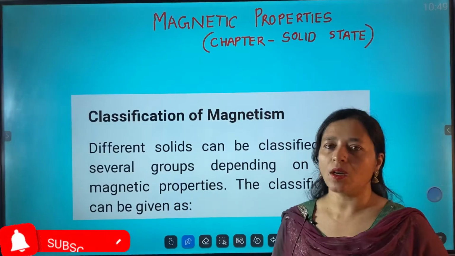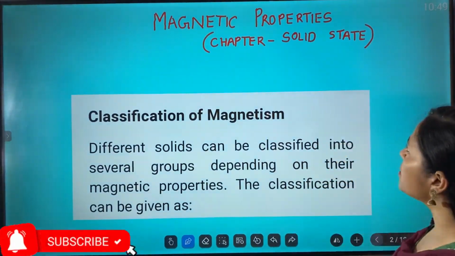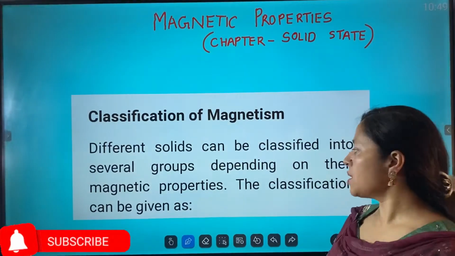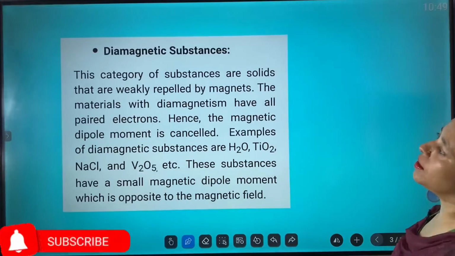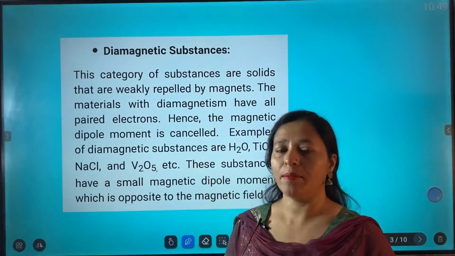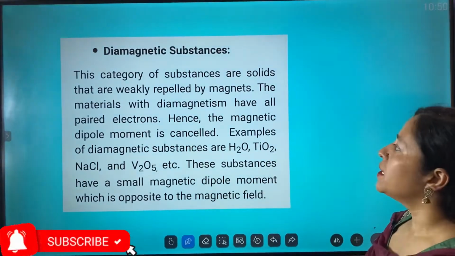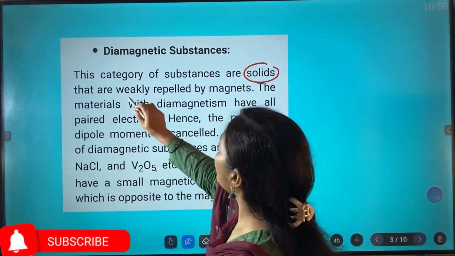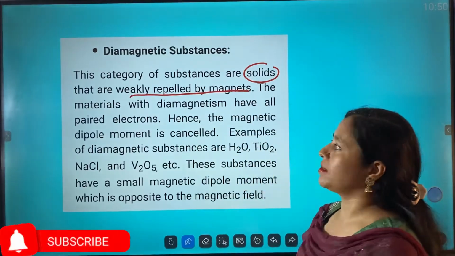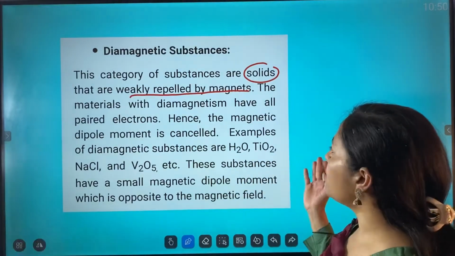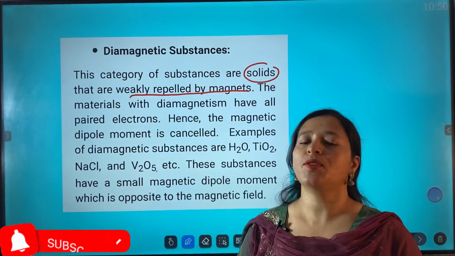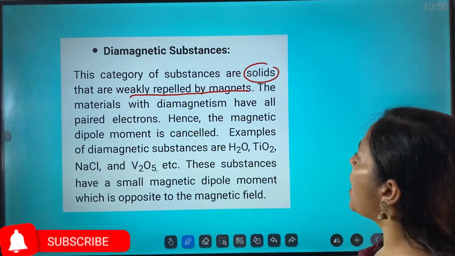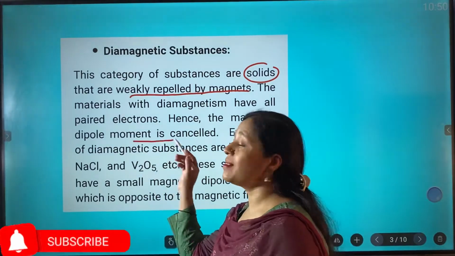Magnetic properties of solids. On the basis of the magnetic properties, we divide solids into several groups. The first are diamagnetic substances. These solids are weakly repelled by magnets. In diamagnetic substances all the electrons are paired up, and the magnetic dipole moment is cancelled.